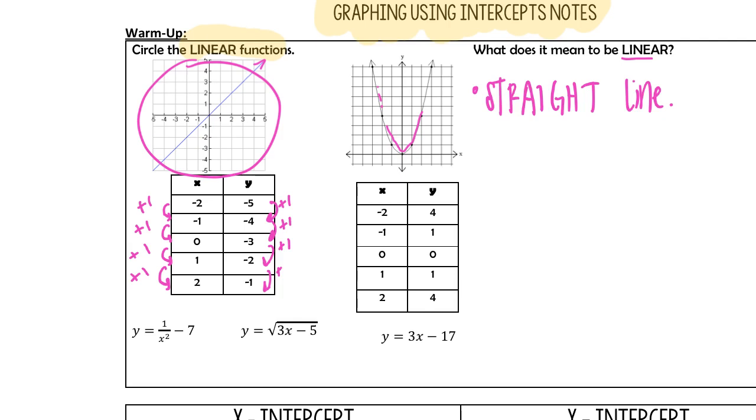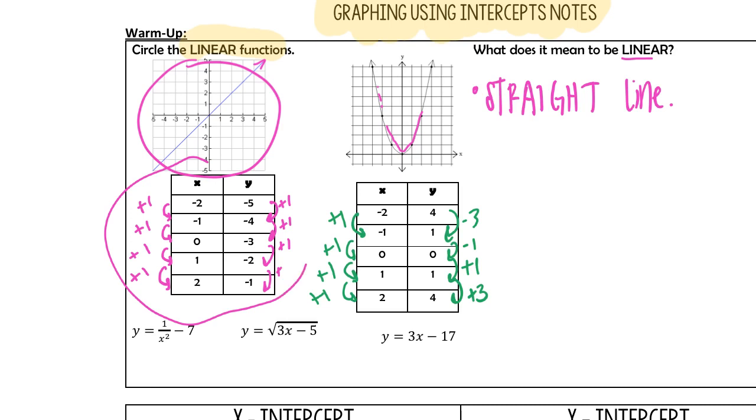On the right side, they are not so consistent. The one on the left is our example of a linear function. A linear function must have a constant rate of change.